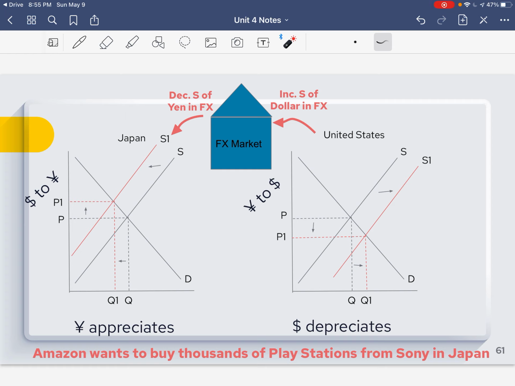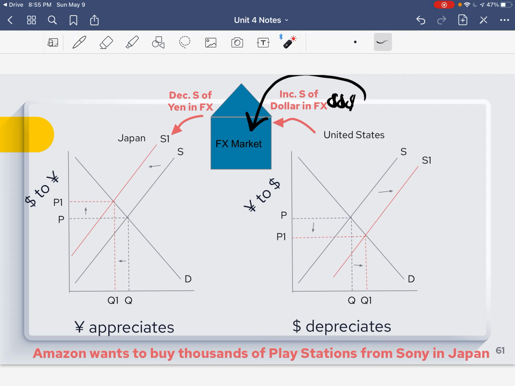So in our scenario, Amazon wants to buy thousands of PlayStations from Sony in Japan. So the United States, that's Amazon, has to do something. They have to put their money in the foreign exchange market. They have to take dollar bills and pour those dollar bills into this bank.